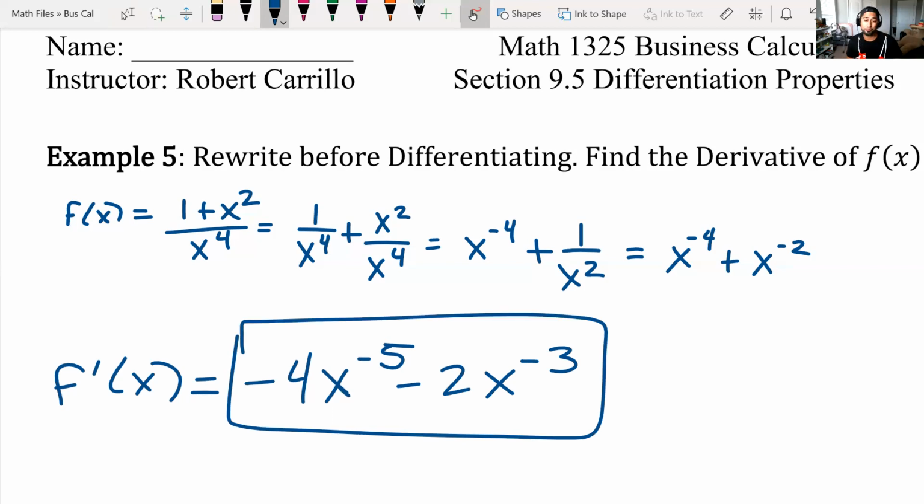Done, done, done. And if you need to rewrite it, well, now you know how. Okay, that's it. If it looks like something we can't take the derivative of, algebraically manipulate it until we can.